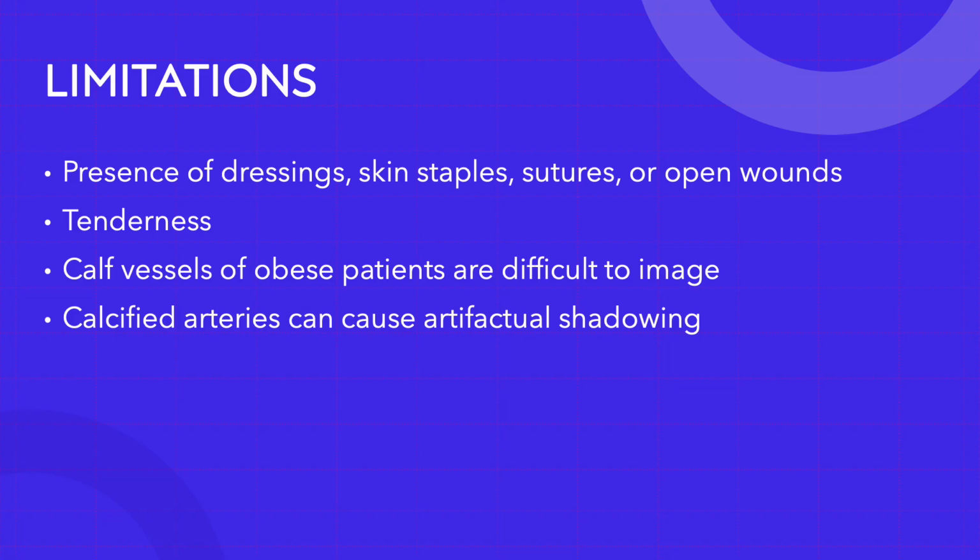Calcified arteries can cause shadowing, so you just do the best you can there when you have these limitations. The important thing here is to know that it's not your fault. If there's a dressing, skin staple, a really obese patient, calcified vessels, there's nothing you can really do to help that. You do your best there and move on.